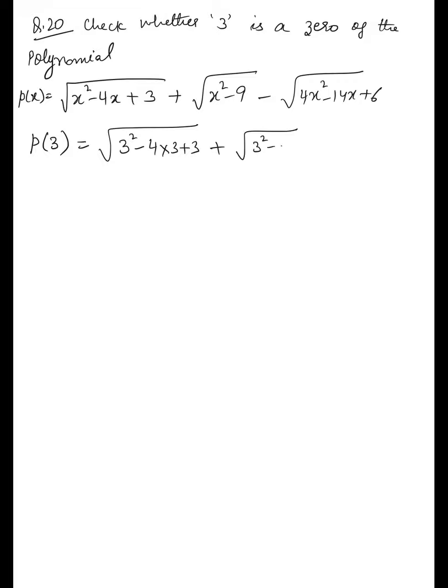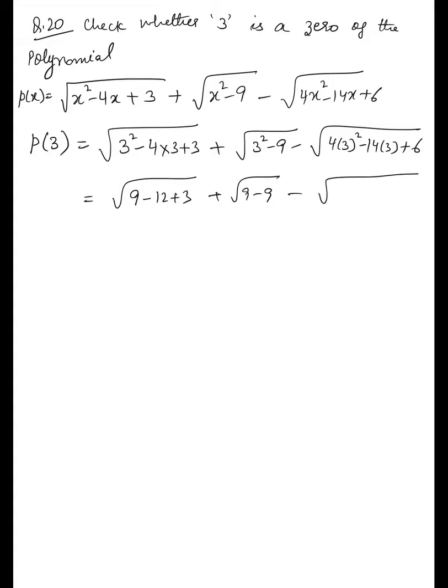So 3 square minus 9 minus under root 4 into 3 square minus 14 into 3 plus 6. Now it is equal to 9 minus 12 plus 3 plus under root 9 minus 9 minus under root 36 minus 42 plus 6.